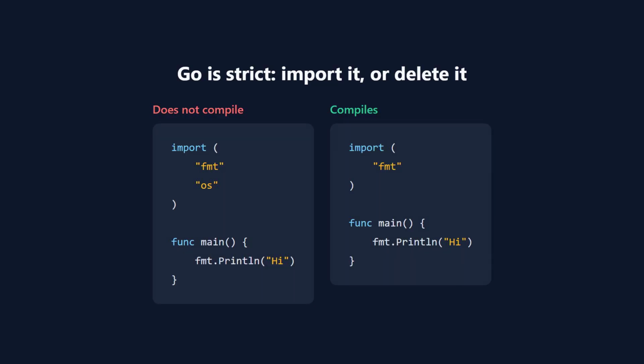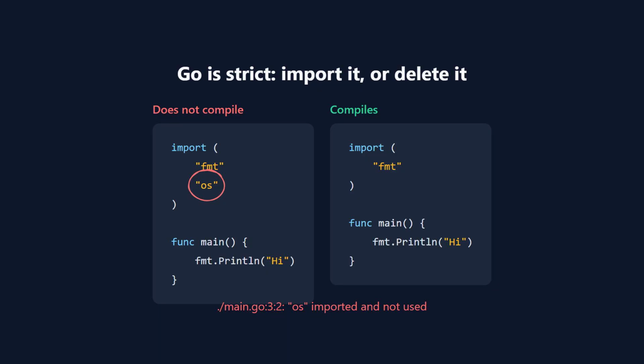Here is something that surprises almost everybody coming from another language. When you need more than one package, you group the imports in brackets, like the block on the left, 2 of them, fmt and os. But look at os. We import it, and then the program never uses it, not once. In most languages, that is fine. You might get a warning.